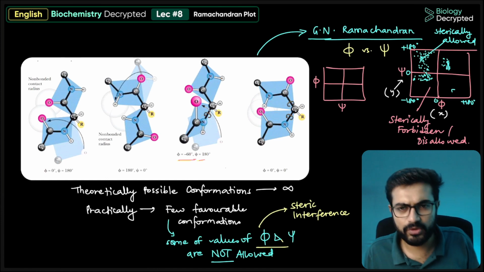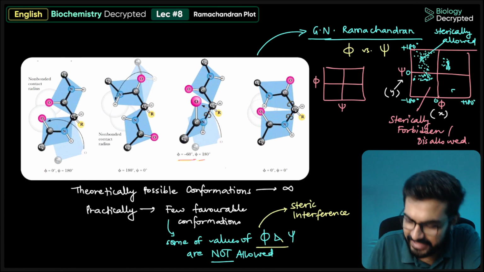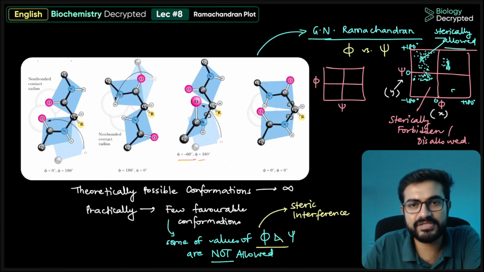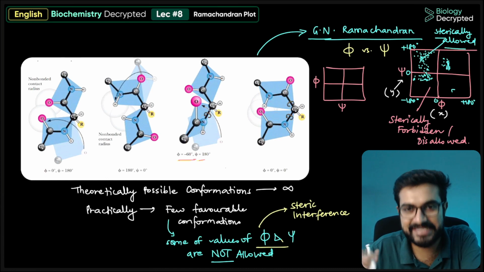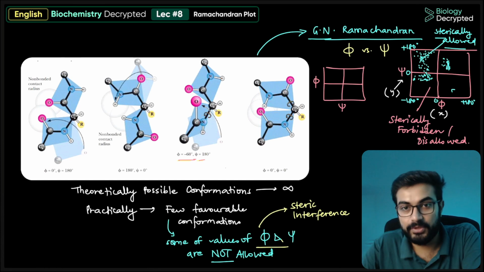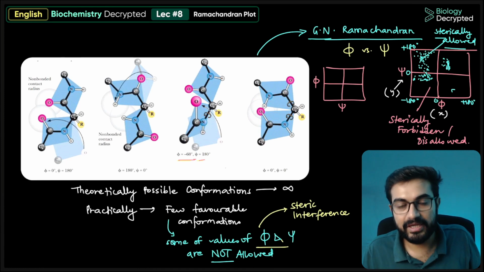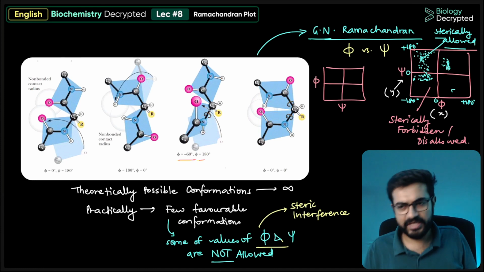We'll be discussing all these in detail, but as of now you should remember that these sterically allowed conformations are the ones found in the proteins that exist in nature, and the sterically forbidden ones do not exist because, for obvious reasons, they lead to an unstable structure which cannot be afforded by nature.